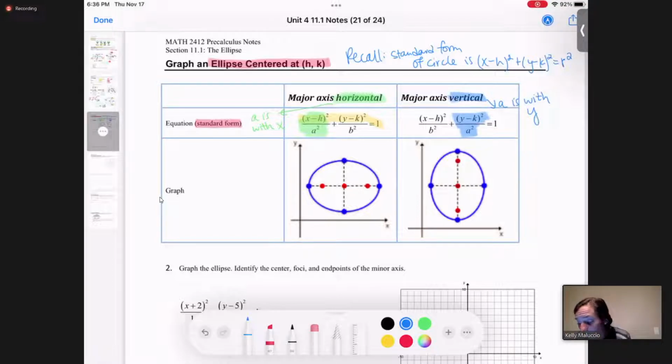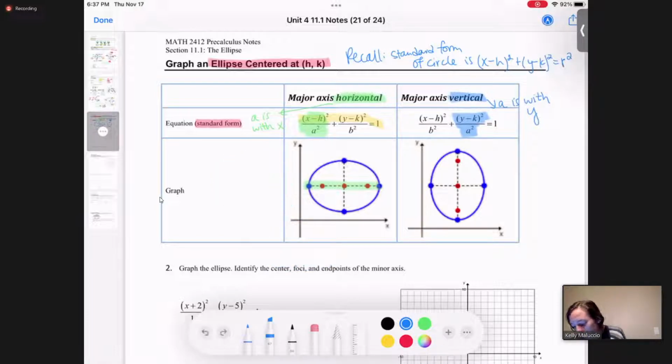And then these are what the graphs might look like. If the major axis is horizontal, not the x-axis but a horizontal axis somewhere, then it looks something like this picture. It's not necessarily in the first quadrant; it could be over here, or crossing all of the axes.